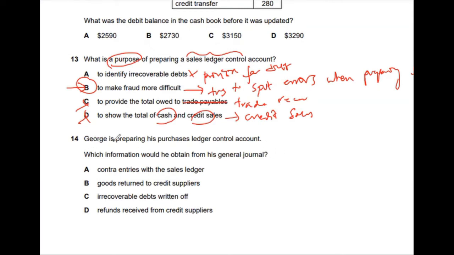Then multiple choice 14. George is preparing his purchases ledger control account. Which information would he obtain from his journal? So which information will come from his journal?